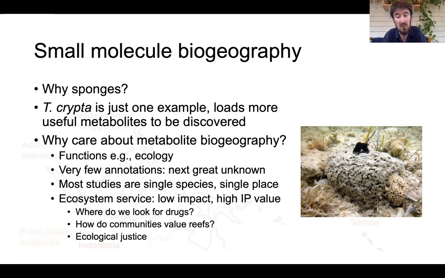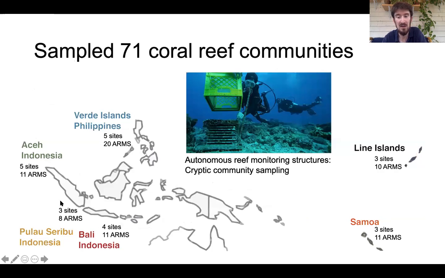And then also think about how communities, so say a country that has coral reefs, how do they value their reefs based on the metabolomic potential there, but also thinking about ecological justice, and that is thinking about, say, who owns that intellectual property and who benefits from the money raised from selling it. So all really important questions, and all things that having a better understanding of the biogeography of small molecules can help us have a better handle on.